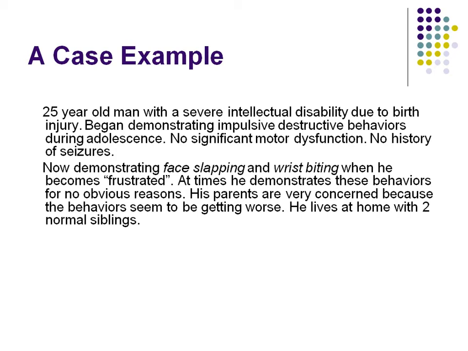At the current time, he is demonstrating face slapping and wrist biting when he becomes frustrated. At times, he demonstrates these behaviors for no obvious reasons. His parents are very concerned because the behaviors seem to be getting worse. He lives at home with 2 normal siblings. So what are we going to do?